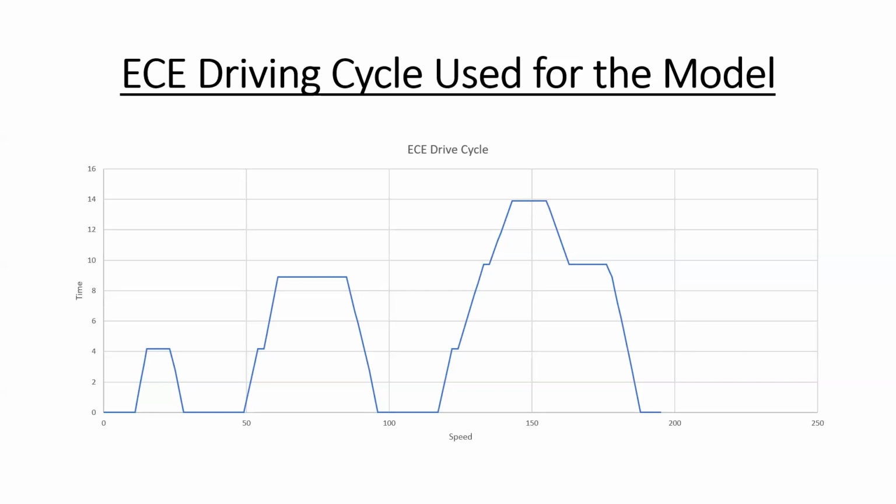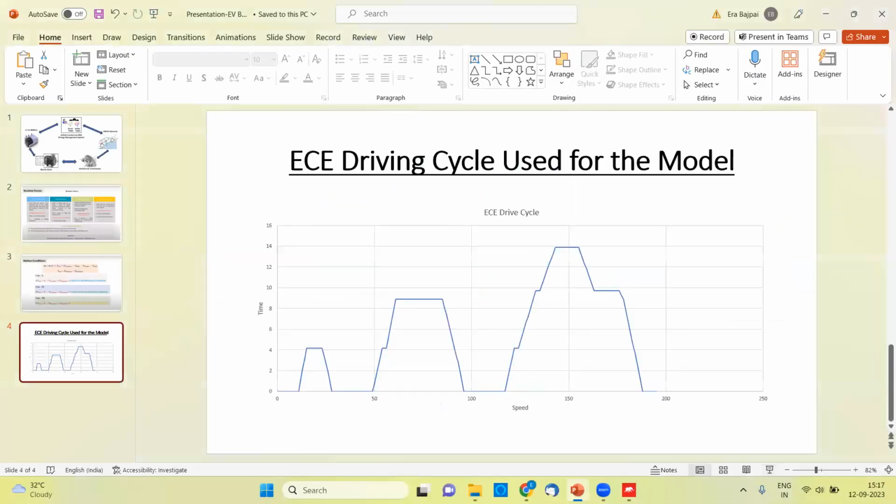This is the reference which our EV is going to have for today's model, and this is what it is going to follow. So somehow it will be automated. We are not going to do anything once the simulation starts running. So maybe you will get 1% of the idea of how unmanned vehicles have been formed, because the entire controller design is being given as a reference, and using that only the vehicle is moving.